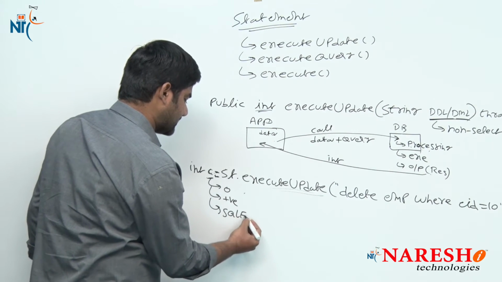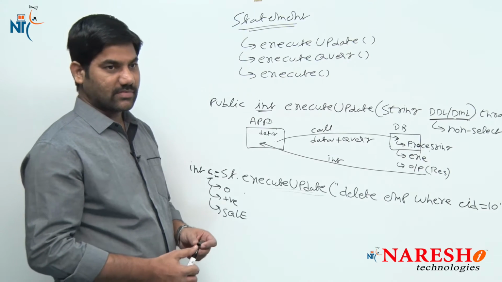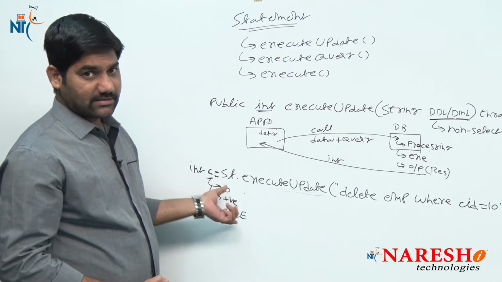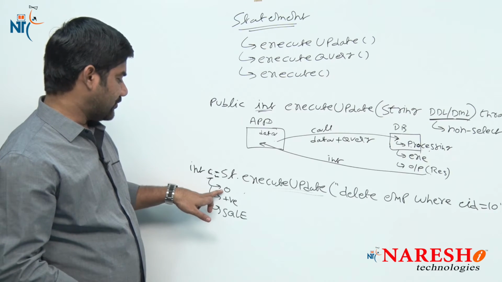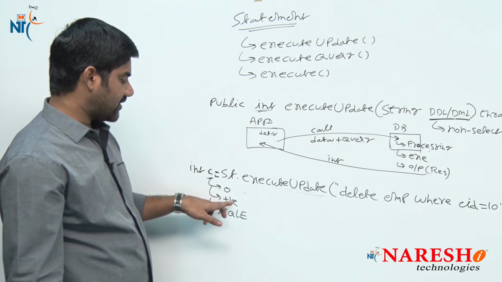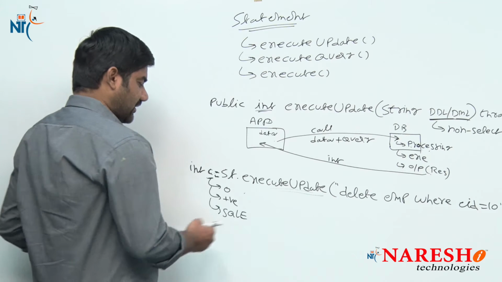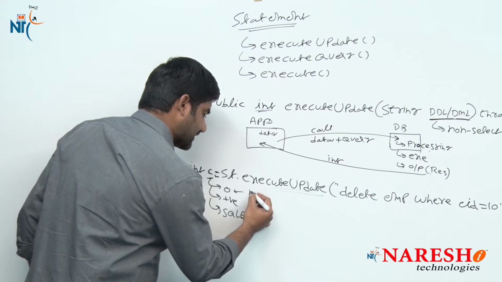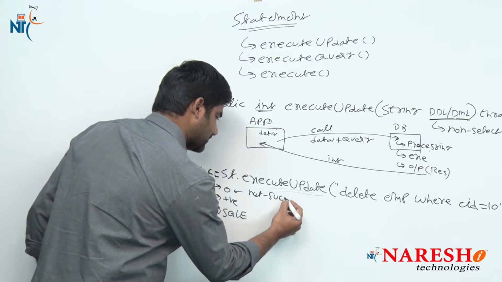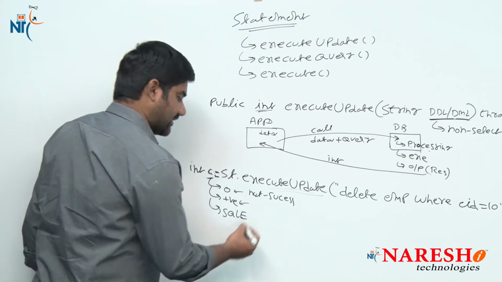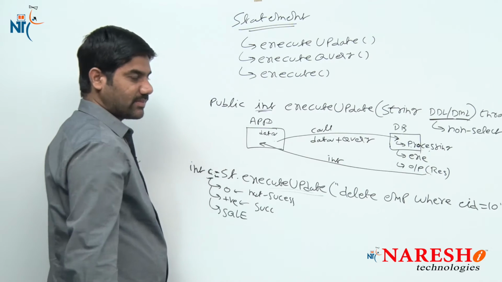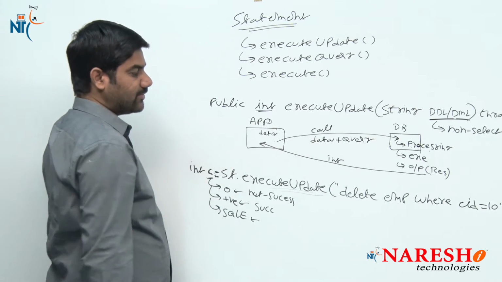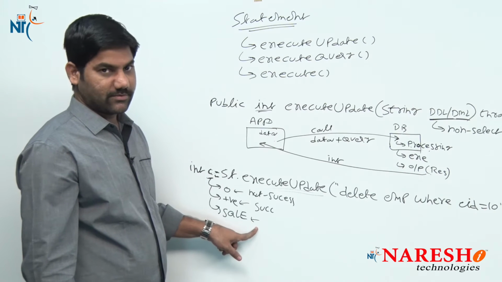That exception is SQLException. The executeUpdate method sends back to your Java application three types of values: either 0, a positive value, or an exception. If 0 comes back, the query was not successful. If a positive value comes, the query is successful. If SQLException comes, some syntactical mistake, table name problem or column name problem is there.